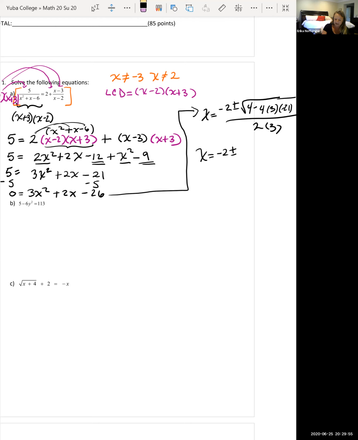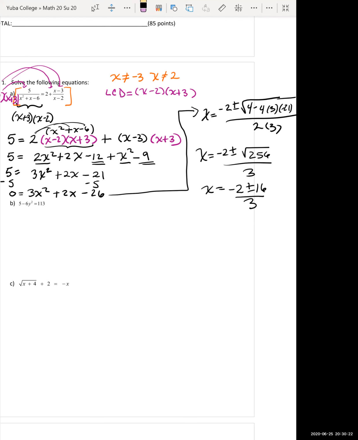That's positive because 2 negatives, plus this 4 in front. So this gives us the square root of 256, all over 3. And that's equal to 16. So I have negative 2 plus or minus 16 all over 3.